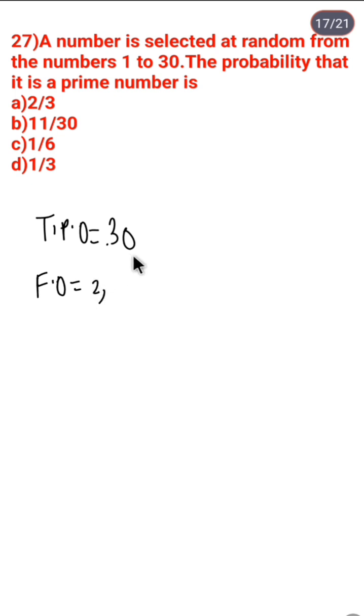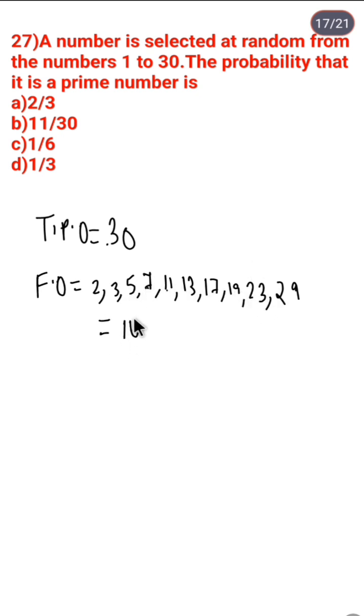Let's see: 2, 3, 5, 7, 11, 13, 17, 19, 23, 29. 24, 25, 26 and 27 are not prime numbers. How many? 10. Therefore the probability will be 10/30, that is 1/3, option D.